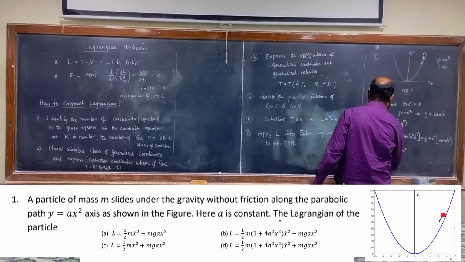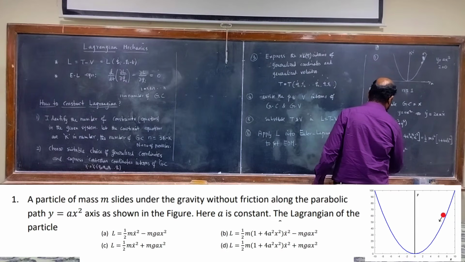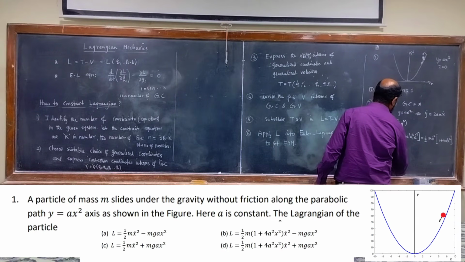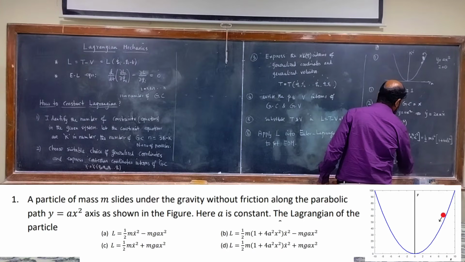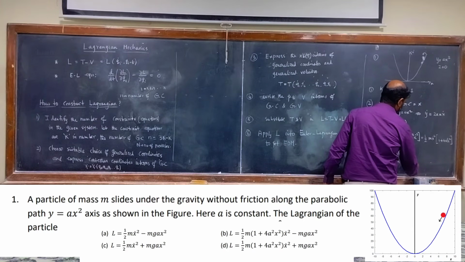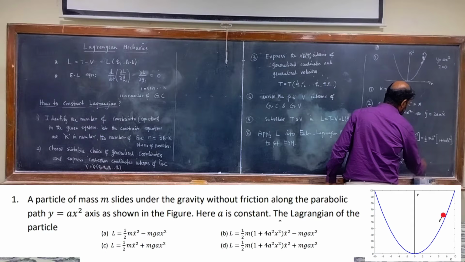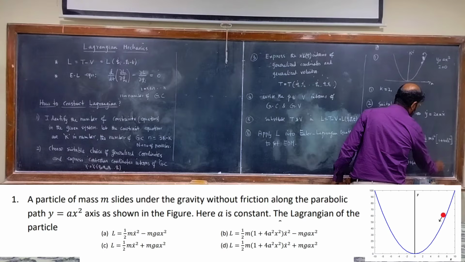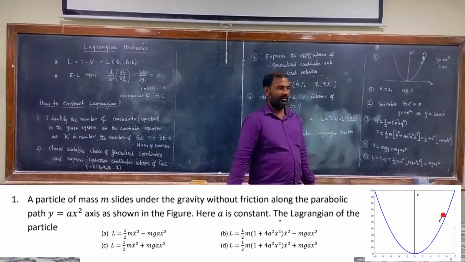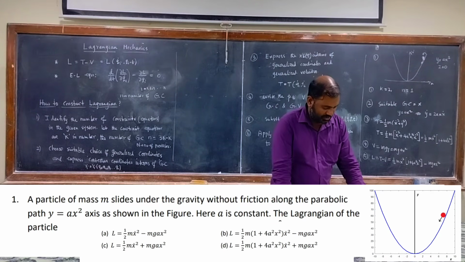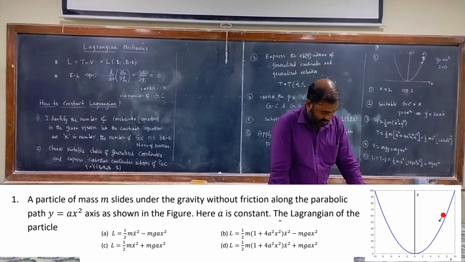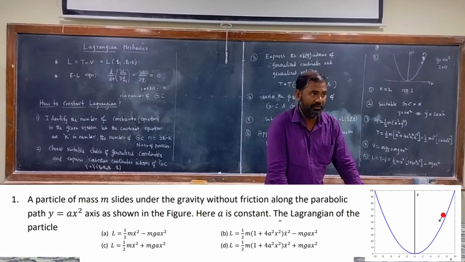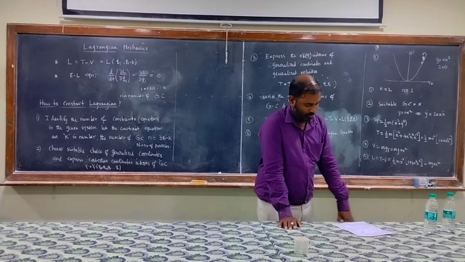Now next step: L is equal to T minus V. So L is 1/2 m x dot square times 1 plus 4 a square x square, minus m g a x square. So this is the Lagrangian for this system. Look at the options, which option are we getting? Option B.